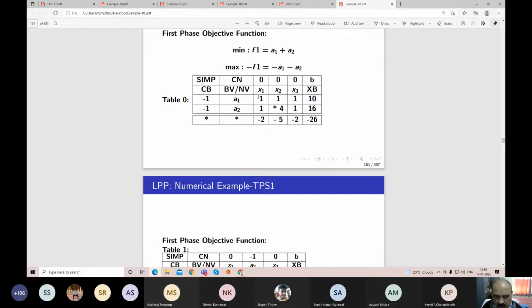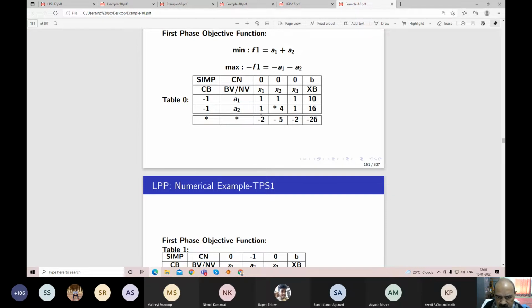The 1 is becoming 4 minus 1 by 4, that is 3 by 4. And this one is coming 4 minus 1, again 3 by 4. So the 10 position, whatever 10 is there, 40 minus 16, 24. 24 by 4 is 6. Then similarly, in the minus 2 position, how much will it be?